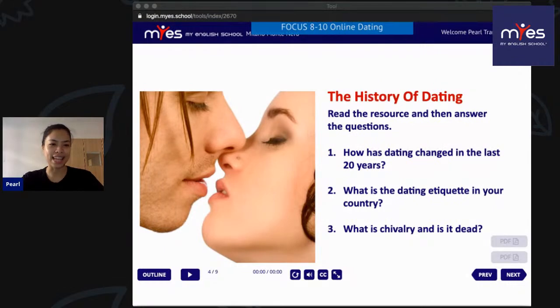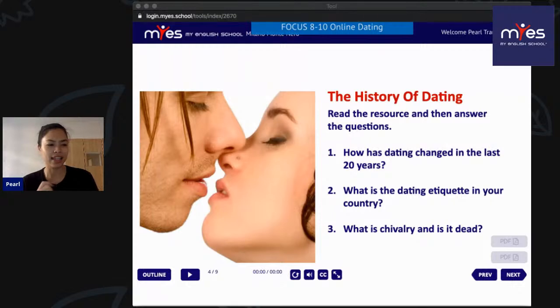I don't think it's dead, but I think it definitely has changed over the years. Chivalry is when usually a man is very polite and treats the woman like a lady, like opens the door for her. It's like a knight in shining armor, like a prince. So it's kind of like what chivalry is, cares for the woman.